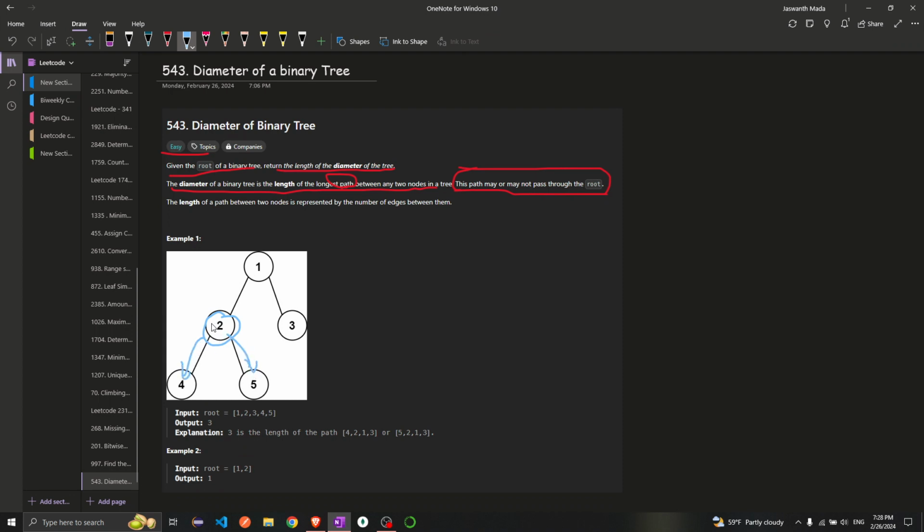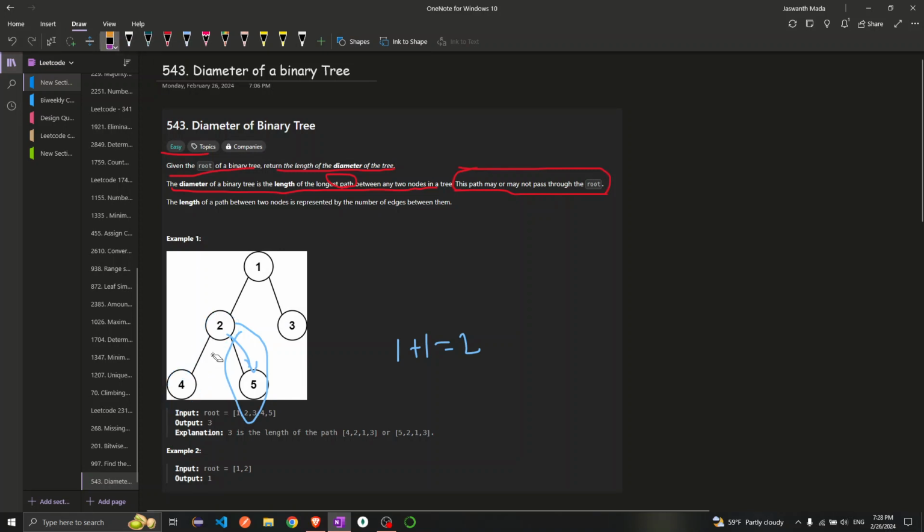So from this point, what's the height of the left subtree? This is the left subtree of 2, and this is the right subtree of 2. So height of left subtree is 1 plus the height of right subtree is 1, right? So from here I can get a diameter of 2.